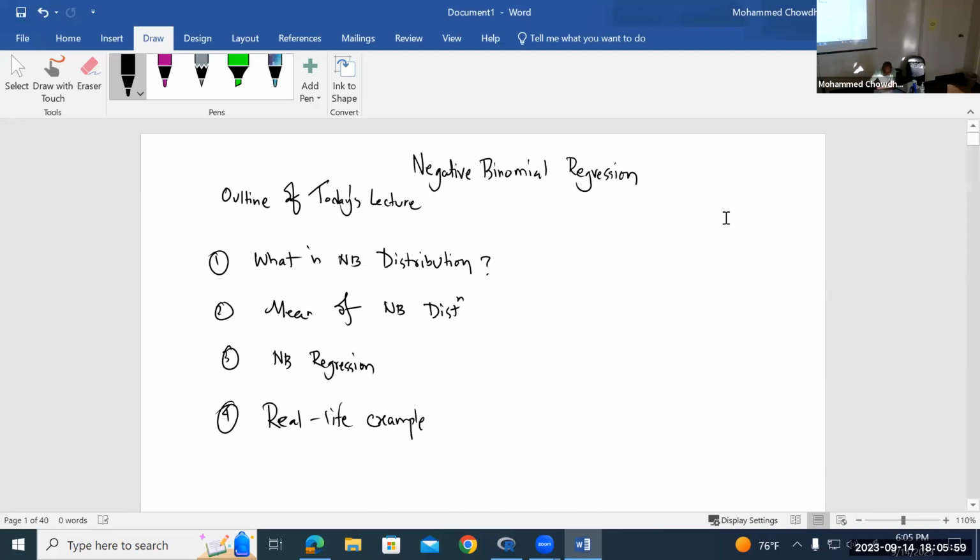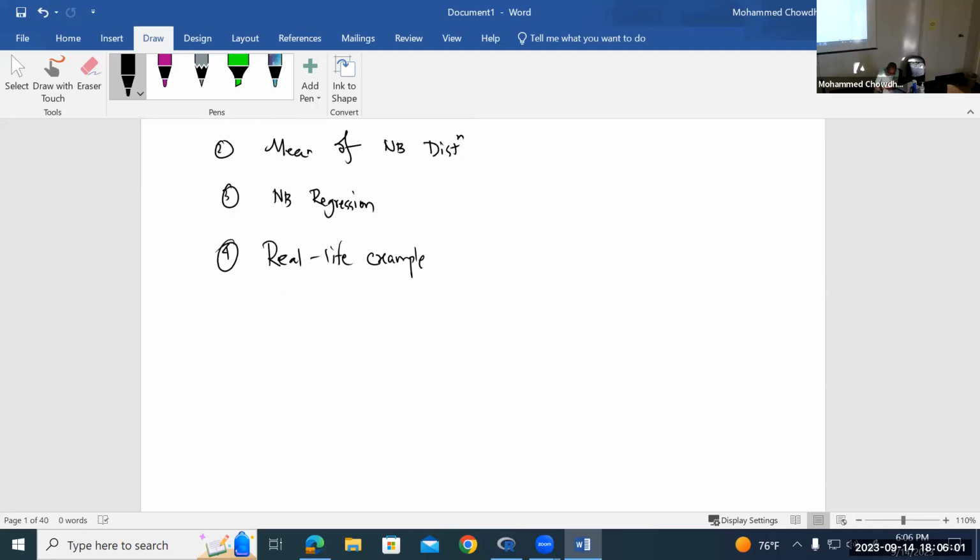Okay. Last class we discussed Poisson regression, where the mathematical form of the Poisson distribution is: P(X = x) = e to the power minus lambda, lambda to the power x over factorial x, and x takes values 0, 1, 2 up to infinity.